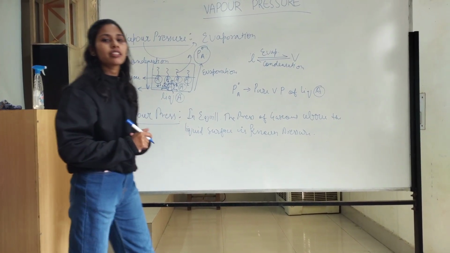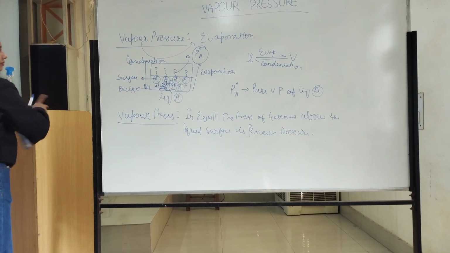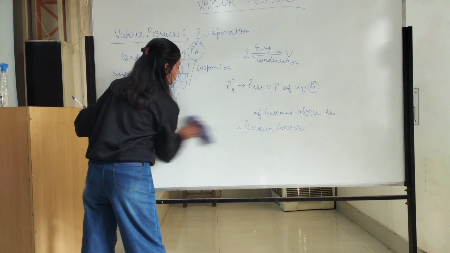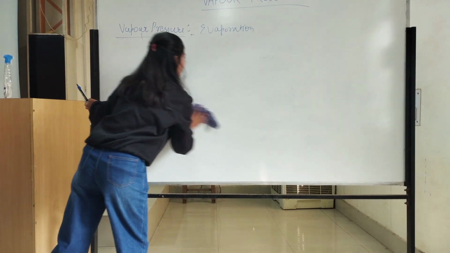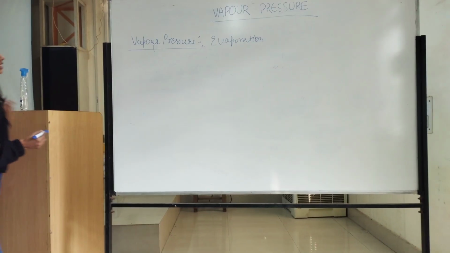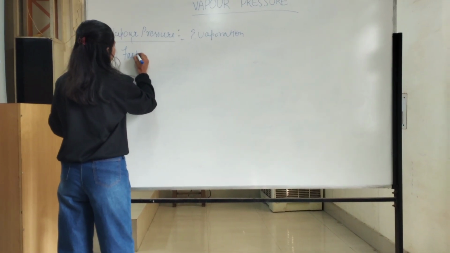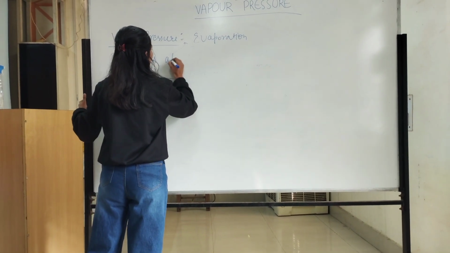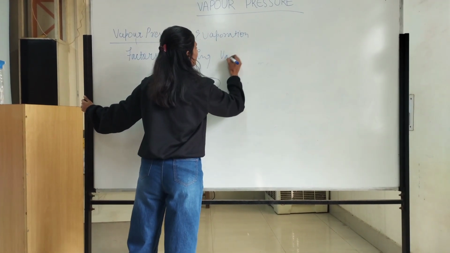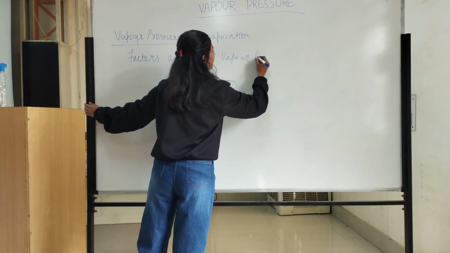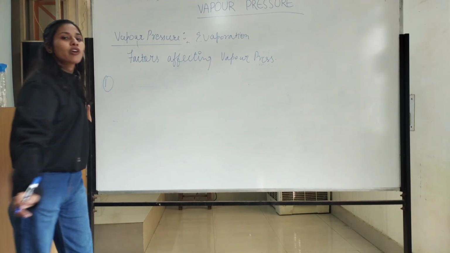Now we will discuss the factors affecting vapor pressure. So first one is size and shape of container.